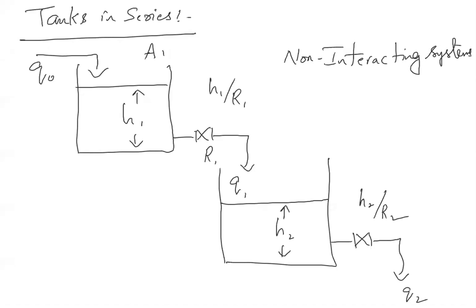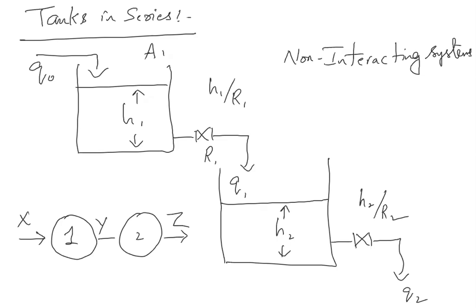So here, suppose this is one system with the input X connected to a second system with output Z. X is the input to the first system, then Y is the output of the first system, which is an input to the second system. Then Z is the output. So what is the transfer function Z by X?